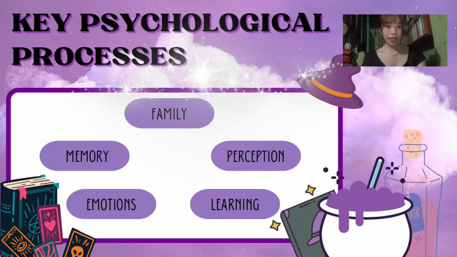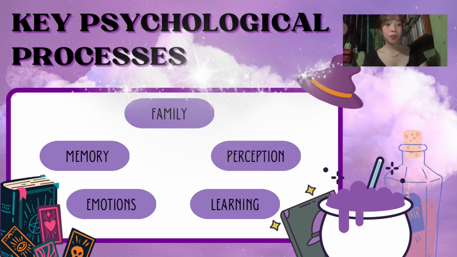Number three, learning. Past experience and acquired knowledge shape consumer behavior. If a person has a positive experience with a brand, they are more likely to buy it again, whereas a negative experience may lead them to avoid it. Four is emotions. Feelings and moods play a significant role in purchasing decisions.